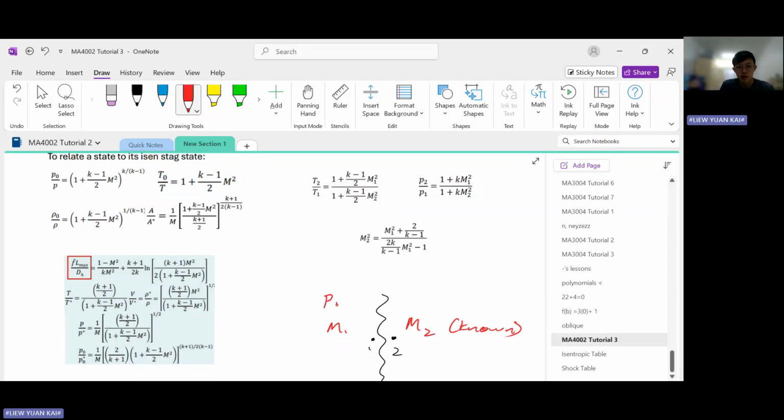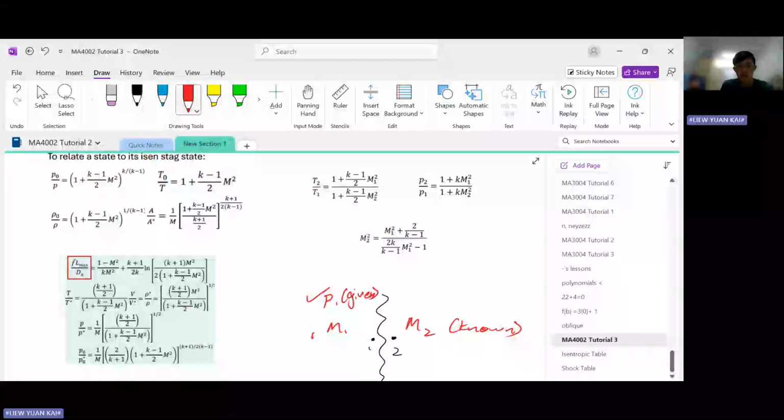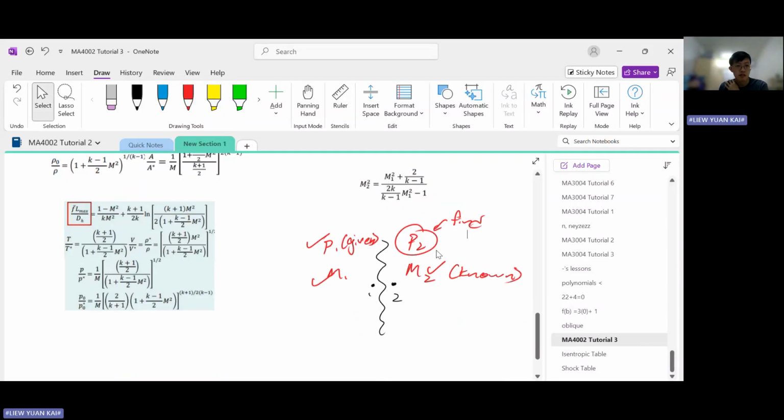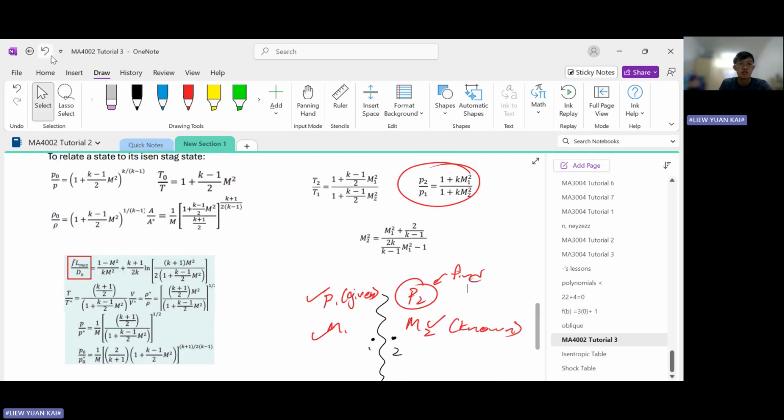Let's say P1 is given, this is known. Then you are able to use this formula to find T2, and likewise for temperature too. This may seem very abstract, but don't worry, you will understand what I mean when we go through these questions. So without further ado, let's get started.